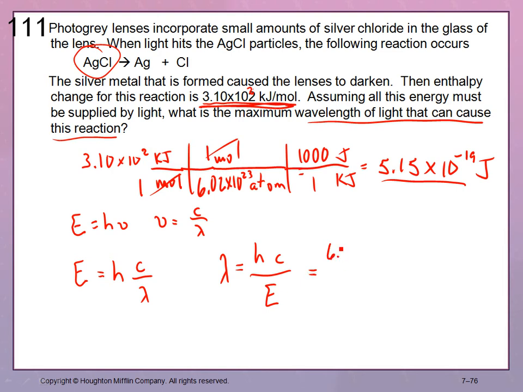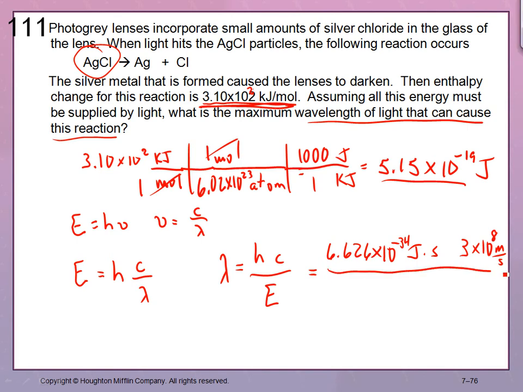Planck's constant is 6.626 times 10 to the negative 34. That is joules times seconds, or the units. c, we've been just using 3 times 10 to the 8 meters per second.